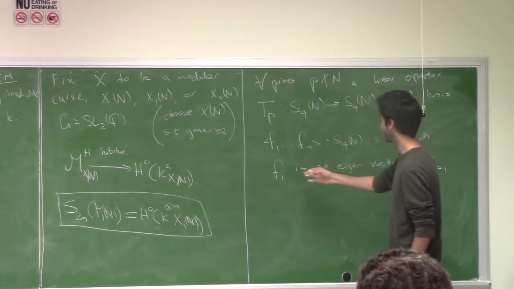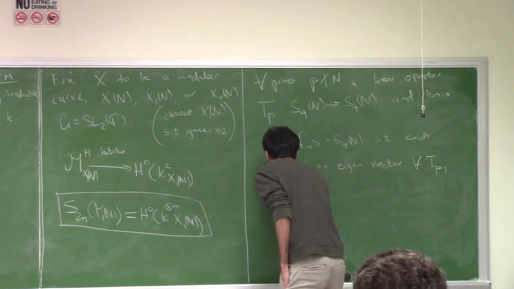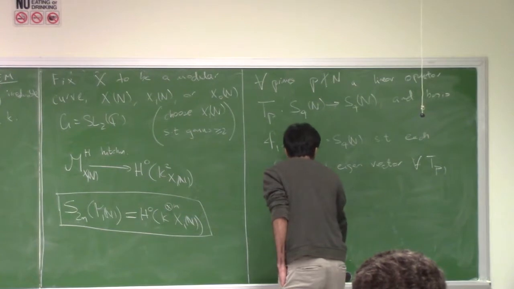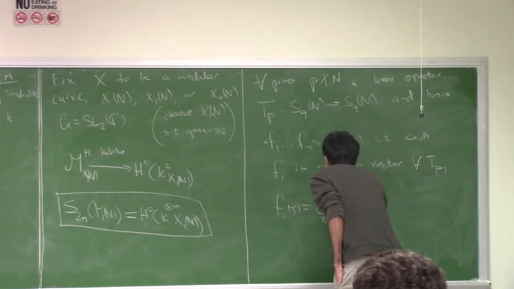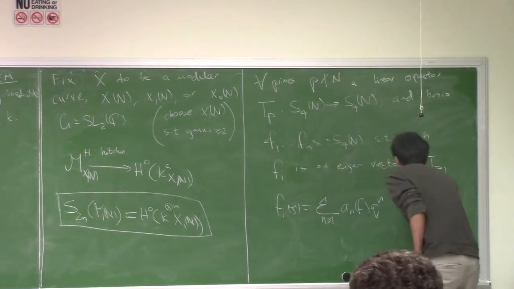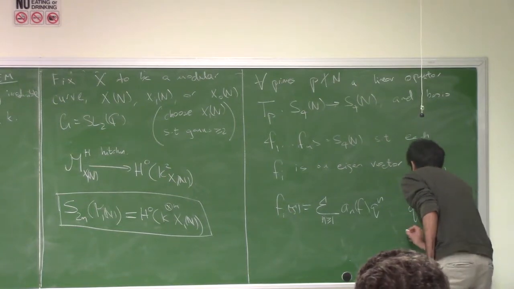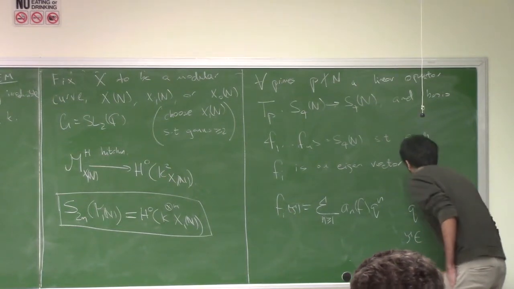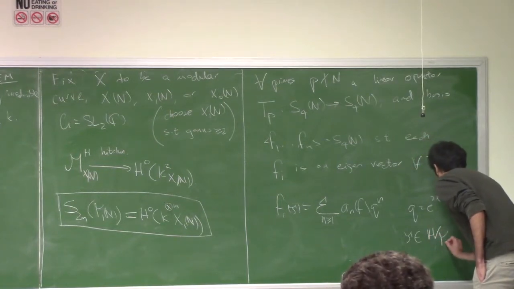Such an eigenvector, or a Hecke eigenform, has an expansion. Every modular form has an expansion, but this is going to be a little special. With n bigger than or equal to 1, a_n q^n. Here q is e to the 2 pi i tau, and tau is in H mod Gamma_1(n).